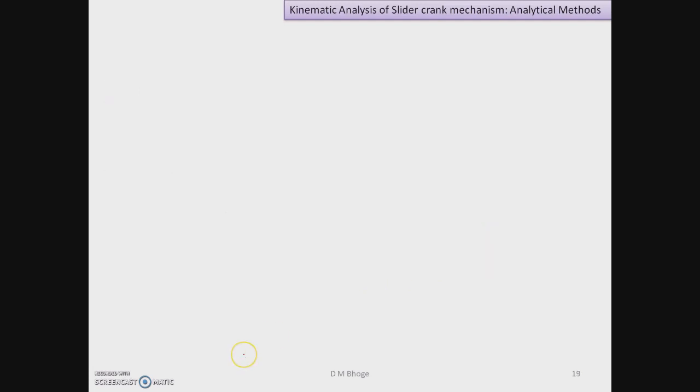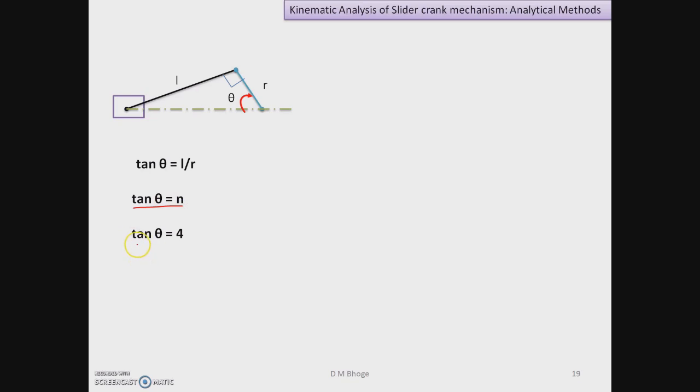So we get tan of theta equals L upon R, opposite side upon adjacent side, which equals N. So tan of theta equals N. We have N is 4, so tan of theta is 4, theta is tan inverse 4, which is 75.96 degrees.